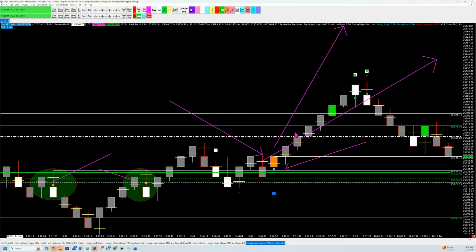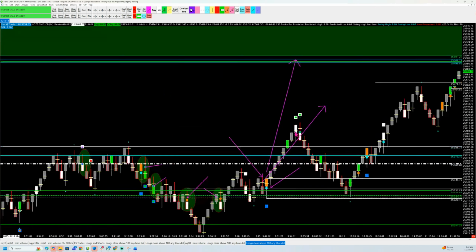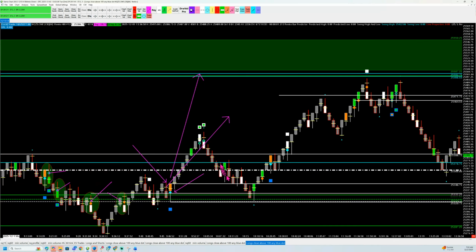Okay? And since you don't know which way it's going to go, right, if you can look from the beginning of that trade, the initial run goes from 25,350 to, let's see what this is, 25,421, 70 points. That's a 2-to-1 RR on the first leg up, right?